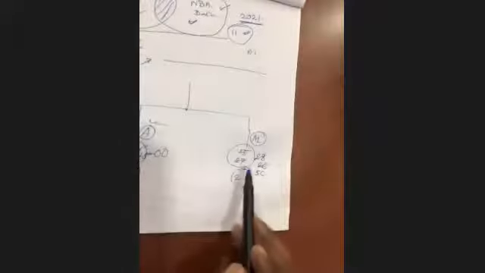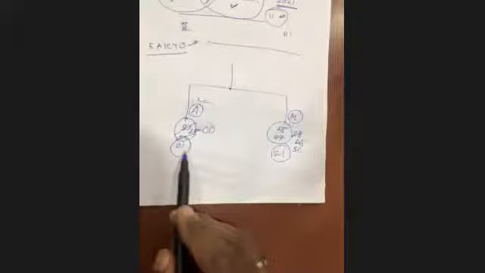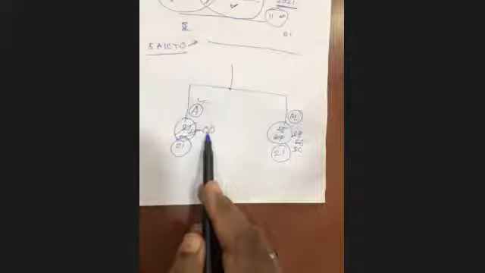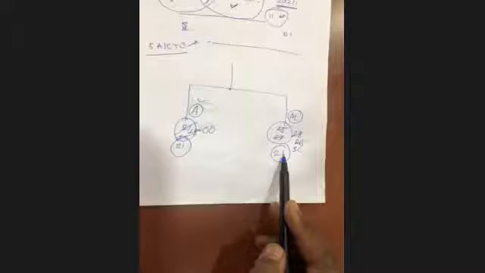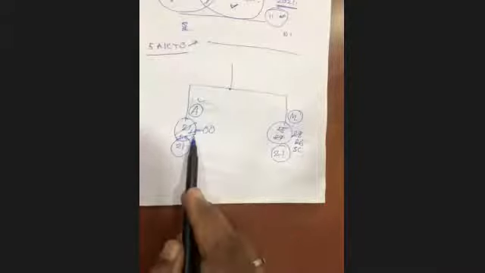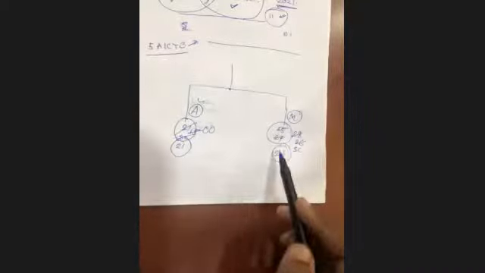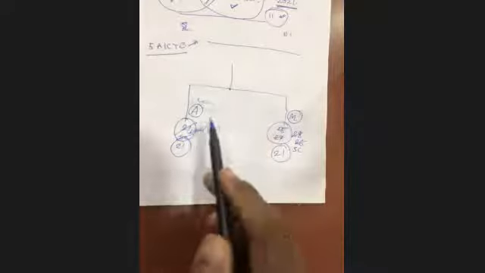Whenever M is higher with respect to A, in the first case, whenever A is 00 and roll number 21 is over here, then 21 will be coming into the accumulator. Means the content of M will be coming into the accumulator when M is higher with respect to A. Is it clear or not? Yes, sir, clear.